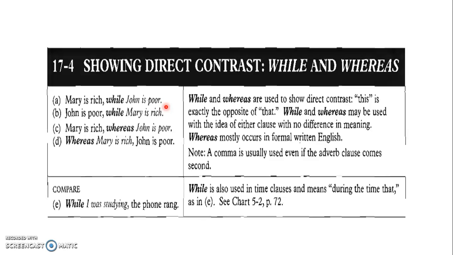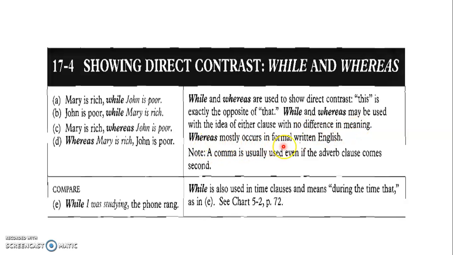So look at this example A. Mary is rich while John is poor. John is poor while Mary is rich. This is exactly the opposite of that. While and whereas may be used with either clause with no difference in meaning.